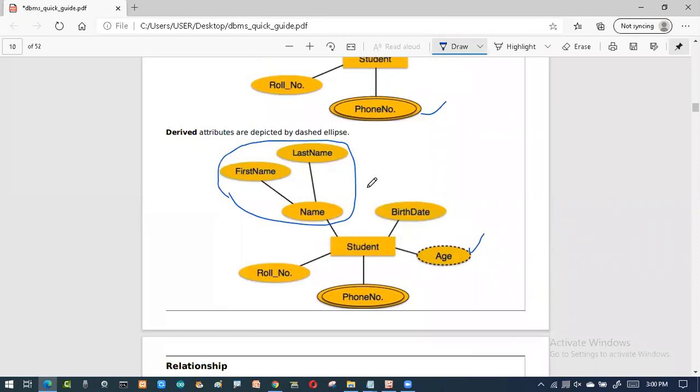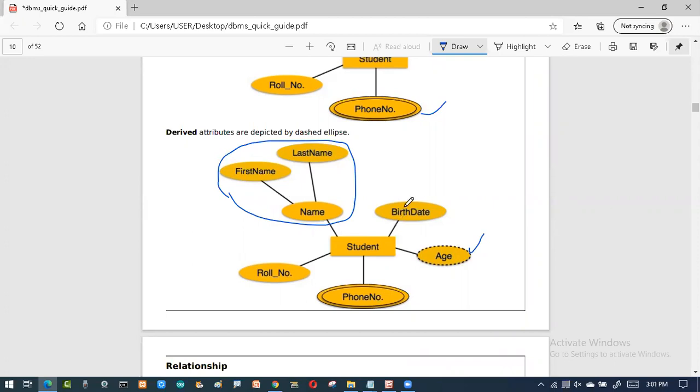And this is a composite attribute. You can see here, student is an entity. These are all our attributes, as I told you, drawn in the oval or ellipse shape. We call these attributes. Now if you see name, it has been subdivided into two or more attributes, so we call this a composite attribute.